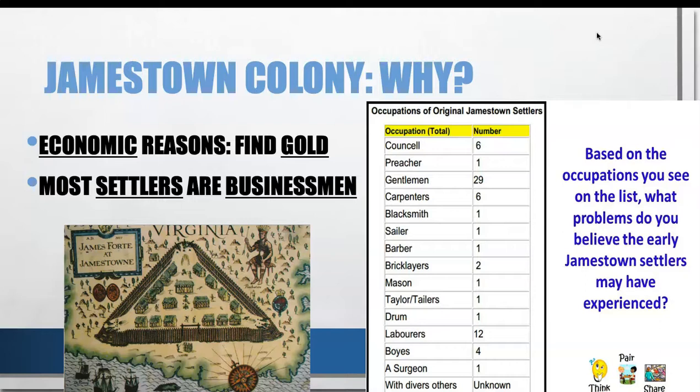So when they send roughly 60, 70 original colonists, and 29 of them are businessmen, that's not something that's going to really help your colony start. If you look at that list, I just want you to think of what type of person you might want to start a colony job-wise that isn't there.